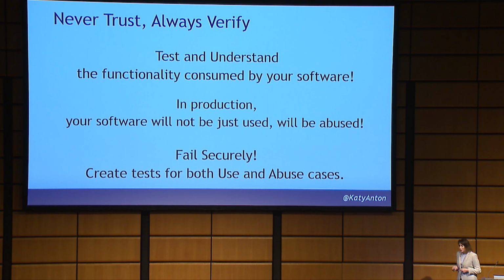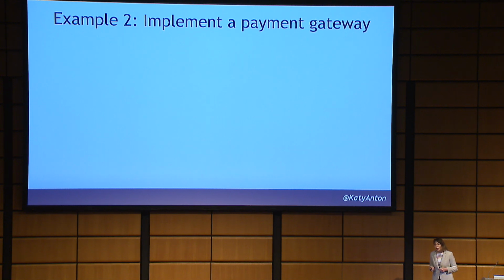The next example that I'm going to go through is to implement a payment gateway. So this would be the scenario where you bring into your software an external API. Now, in the case of e-commerce applications, it's likely that you will need to implement more than one payment gateway.